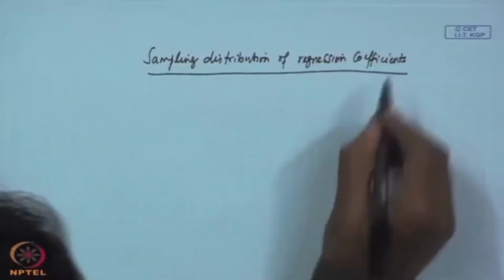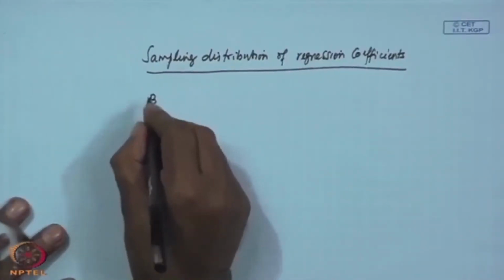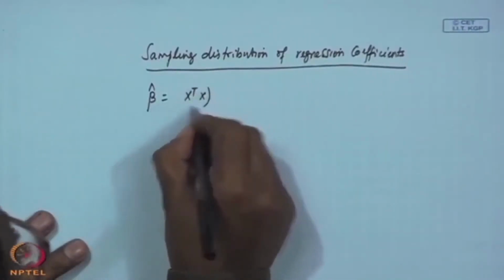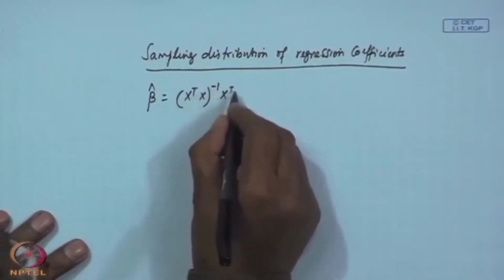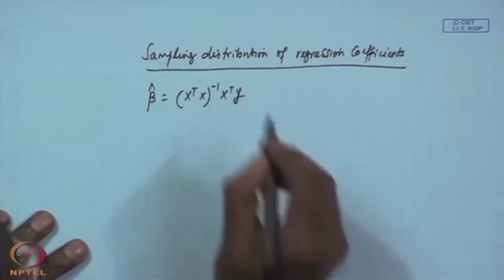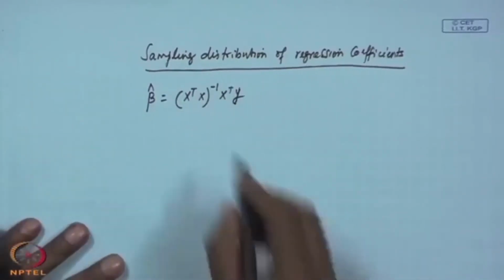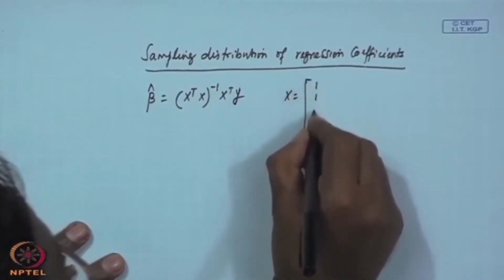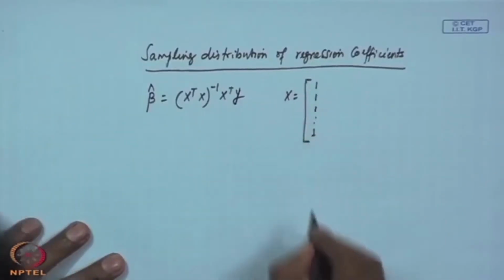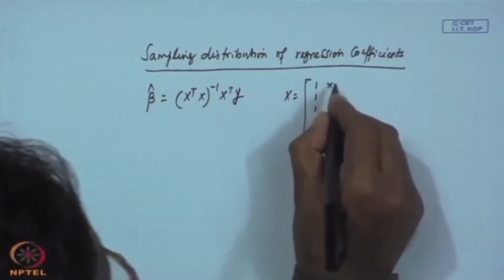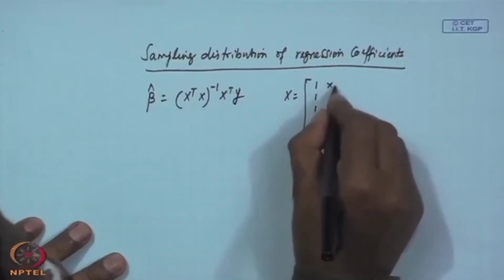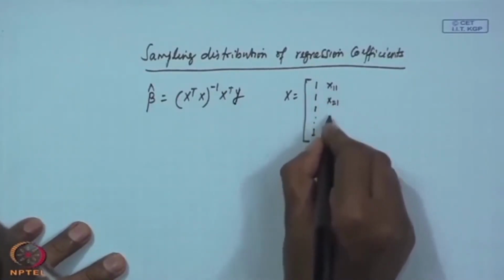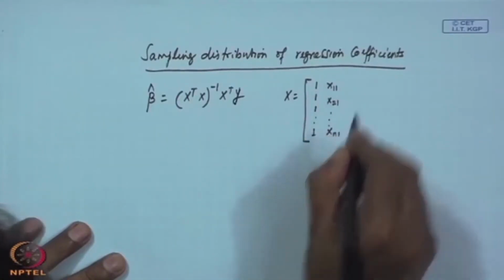In the last class we estimated the beta coefficient like this: x transpose x inverse x transpose y, where x is the design matrix. The first column is all 1, the second column is the first variable data x11, x21, then xn1.